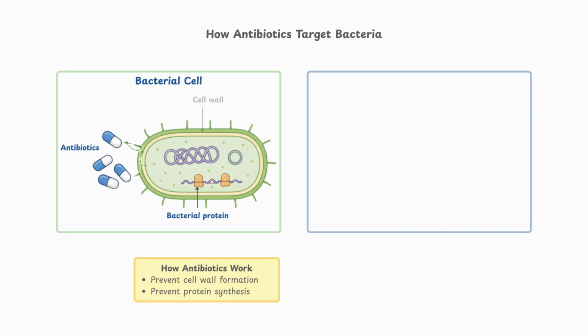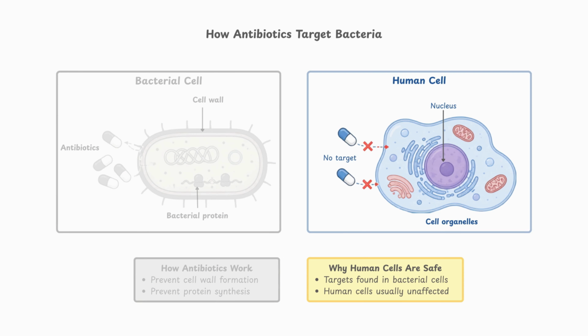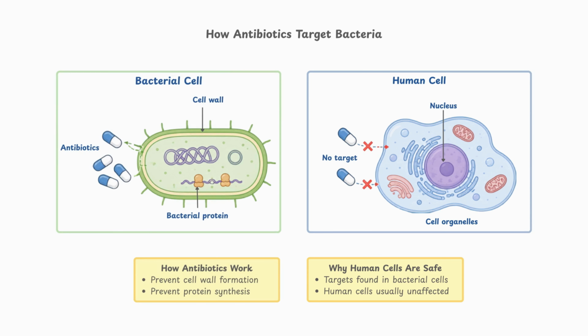Since proteins are essential for growth, repair, and reproduction, the bacteria can no longer function properly. Notice that these targets are found in bacterial cells, but not in the same form in human cells. This means antibiotics can attack the bacteria while leaving most of the body's own cells unharmed. This is known as selective toxicity, and it is what makes antibiotics such effective treatments for bacterial infections.